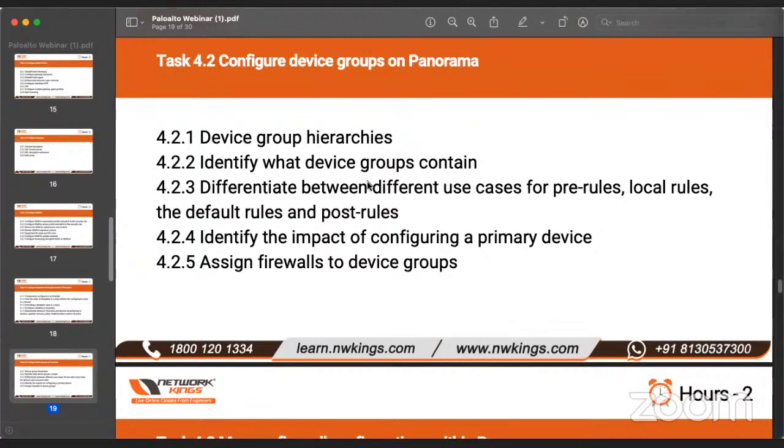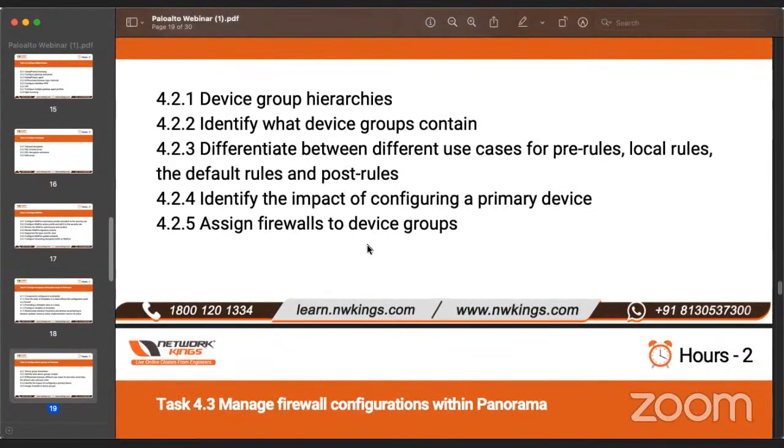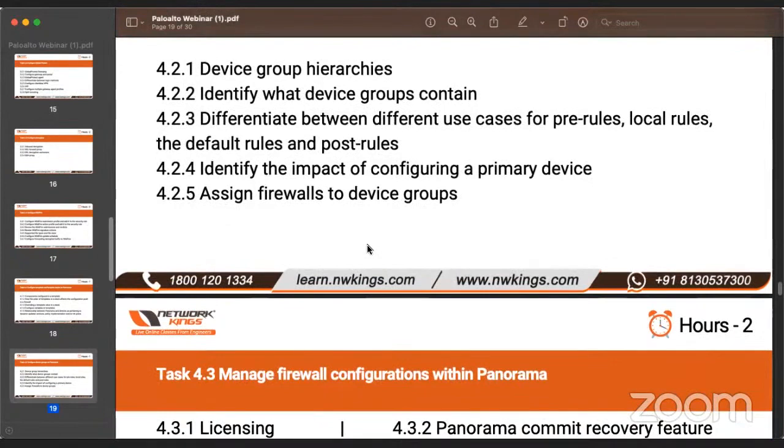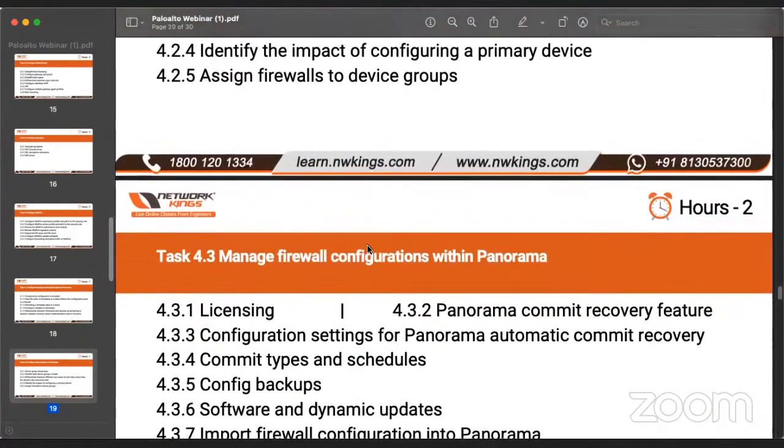So they end up buying a Panorama so that they can manage maybe 100 or 500 firewalls together from a single point, right? So it's pretty much similar to the Cisco Firepower Management Center, but I would say rather more advanced, right? To have a centralized console for managing all the corporate firewalls.